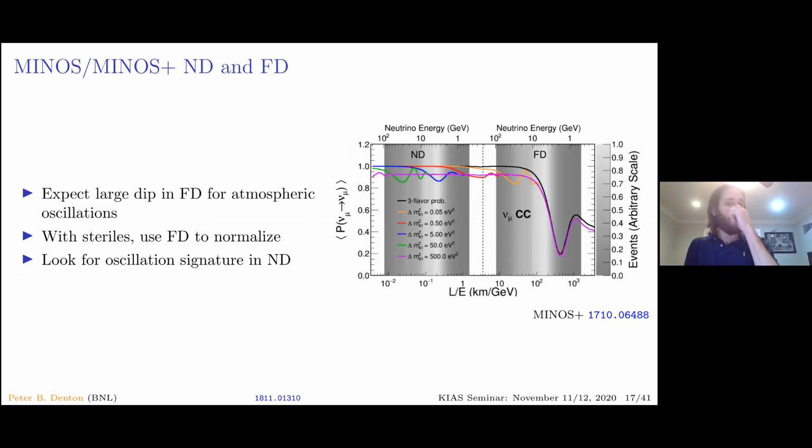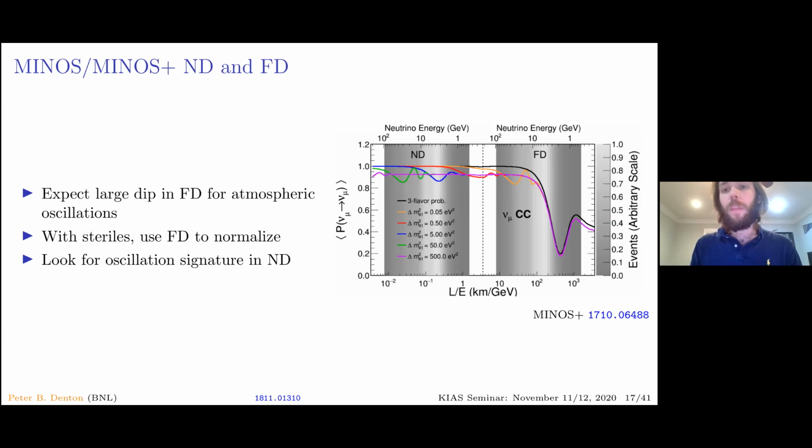The next one up is MINOS+. MINOS+ also has an interesting capability to constrain sterile neutrinos, and they have this very nice graphic which shows that. On the left is the near detector, and on the right is the far detector. The lighter gray regions are those where they expect more events, and the black curve is the standard model, the 3-flavor oscillations.